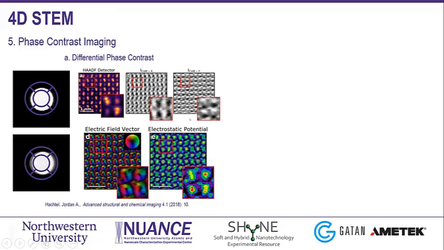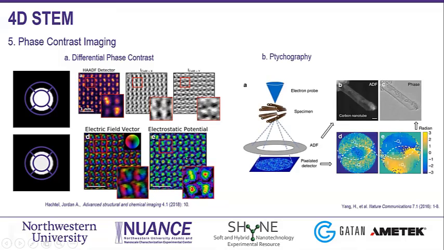And that can be done simultaneously to your ADF image. So you have your nice high resolution STEM image that you are familiar with, plus the information that you capture from the diffraction pattern.